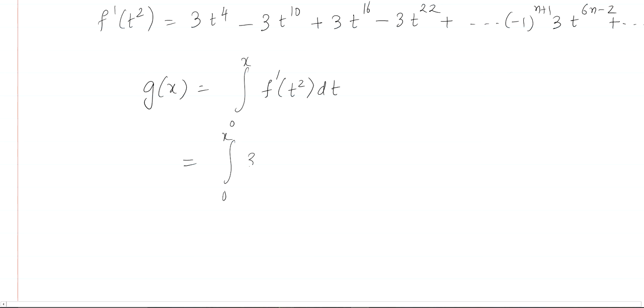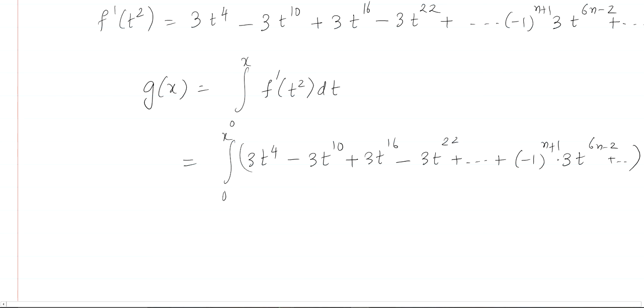So f prime is 3t to the 4 minus 3t to the 10 plus 3t to the 16 minus 3t to the 22, minus 1 to the n plus 1, 3t to the 6n minus 2, dot dot dot, with respect to t.